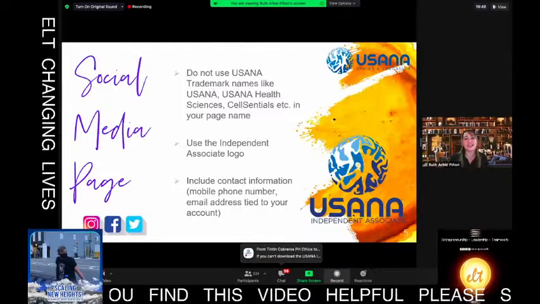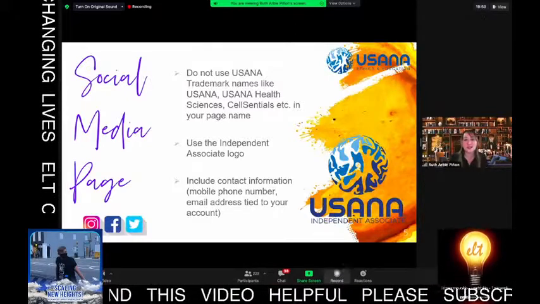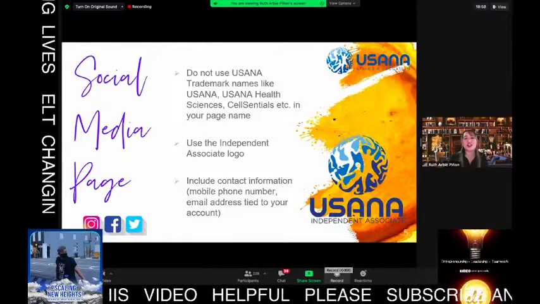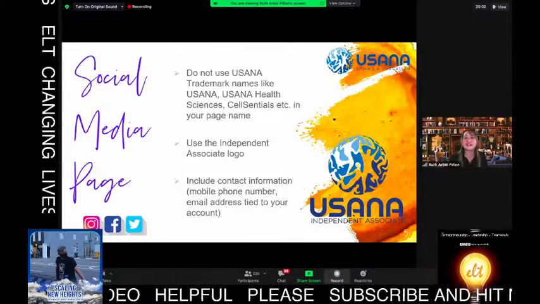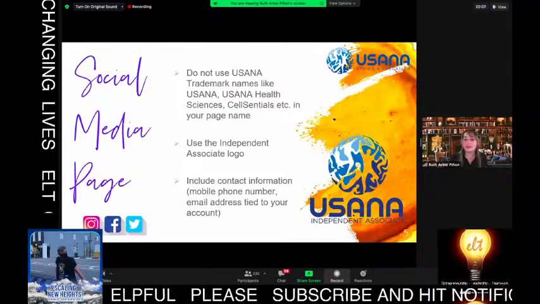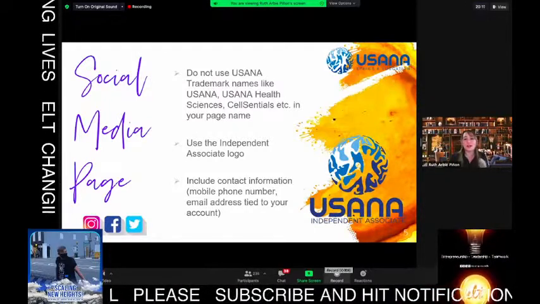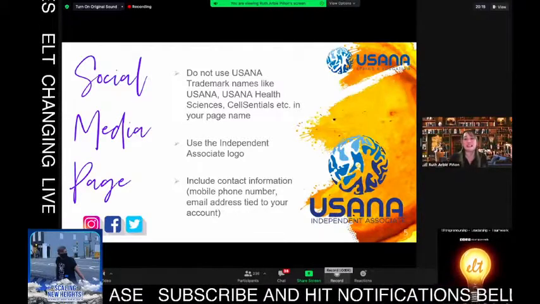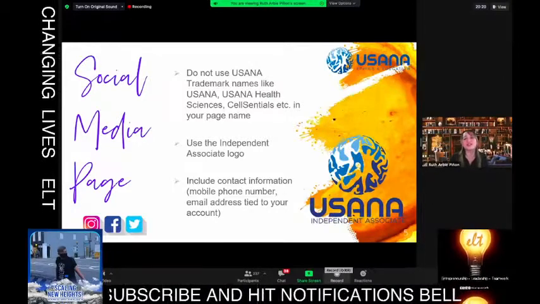Okay? And second, always use the independent associate logo and avoid using the corporate logo with the tagline, the Cellular Nutrition Company. Why? Because it is also registered under the intellectual property of Yasana. So you are also violating the trademark. So always use the independent associate logo because it is created for you, sa inyo pong pinag para sa inyo in promoting the Yasana business.